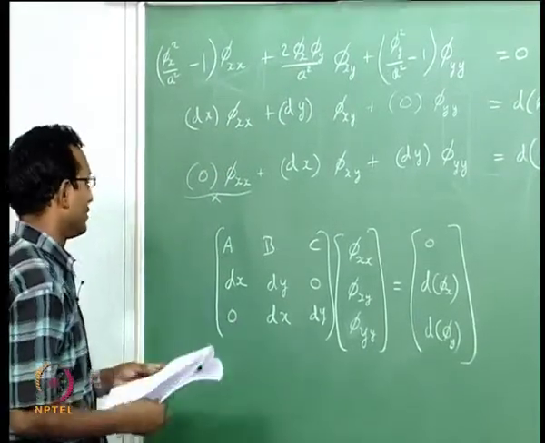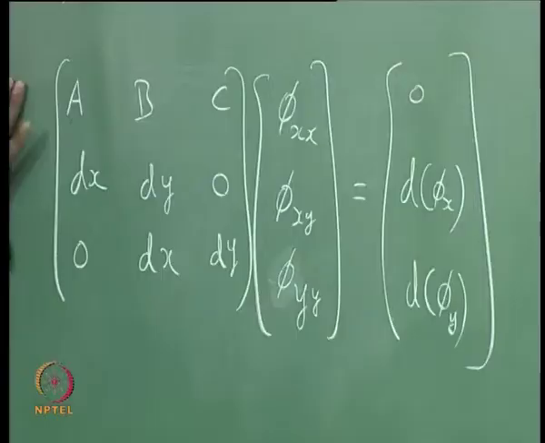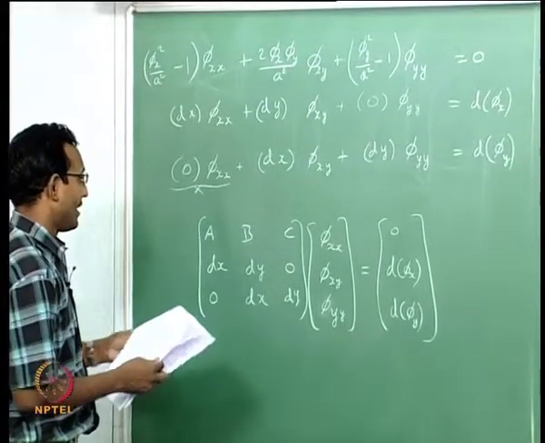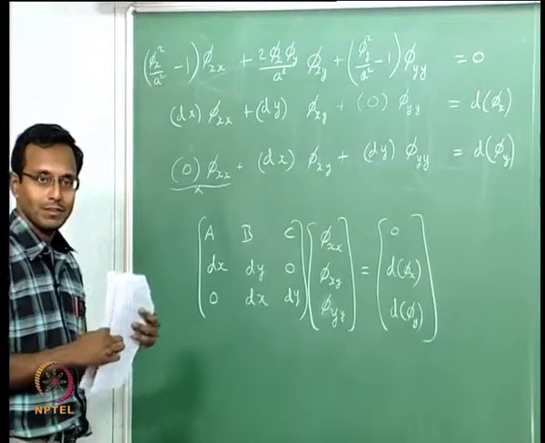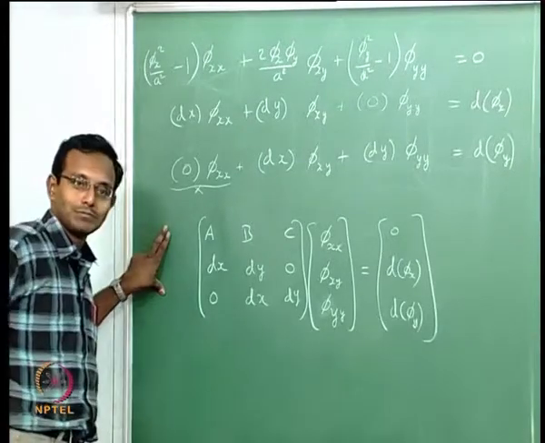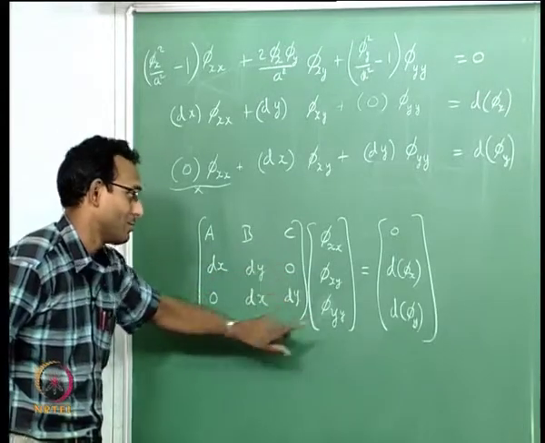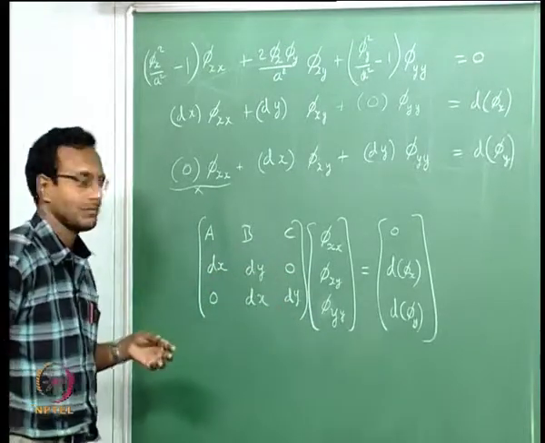So if I go and show this, I have to actually go to linear algebra people in mathematics, and they will tell me that directly I can solve this problem with Cramer's rule. If we look at this, this can be solved for phi xx, phi xy, phi yy from Cramer's rule. Okay.